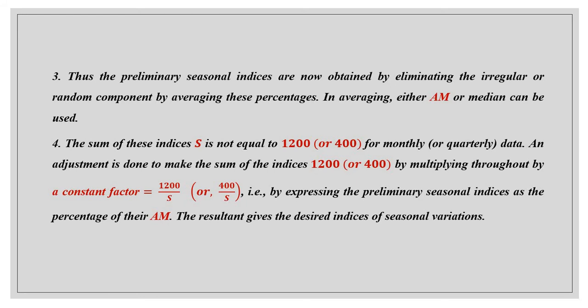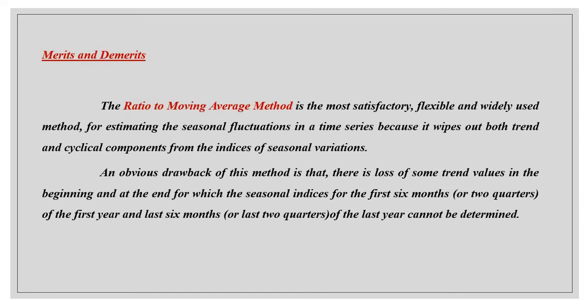An adjustment is done to make the sum of the indices 1200 or 400 by multiplying throughout by a constant factor, that is 1200 by S for monthly data or 400 by S for quarterly data, that is, by expressing the preliminary seasonal indices as a percentage of their arithmetic mean. So the result gives the desired indices of seasonal variations.